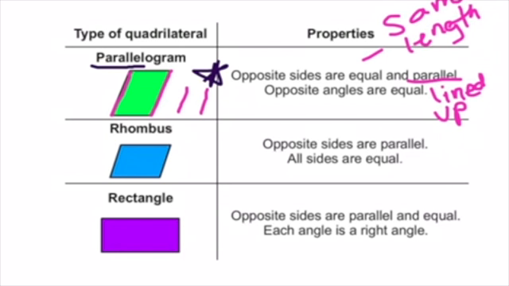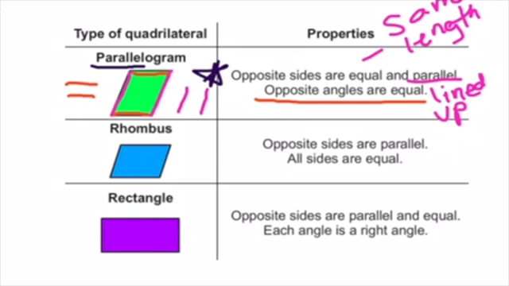So that's the rule of a parallelogram, that the opposite sides are the same length or they're equal, and they have to be parallel. And then, of course, that means that the other sides are the same way, right? They both go this way. They're horizontal, so yep, they are parallel and they are both the same size. Something else that's very important for parallelograms is the opposite angles are equal.